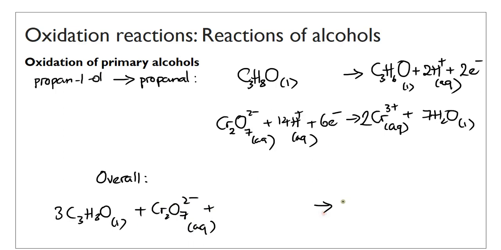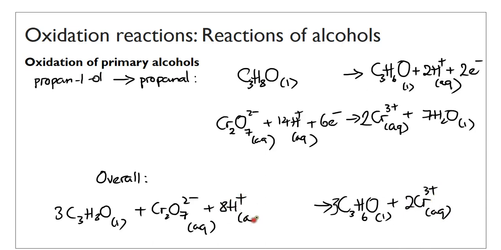Let's just write the reactants and products first. 3 C3H6O, plus 2 Cr3+. So that's 6, 14, so 8, and 7H2O. I'm just going to do a quick check to see that my equation is balanced.